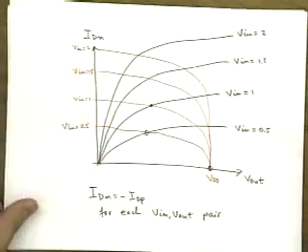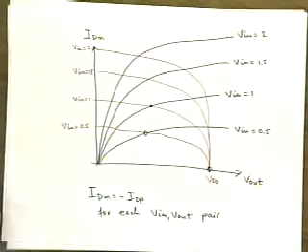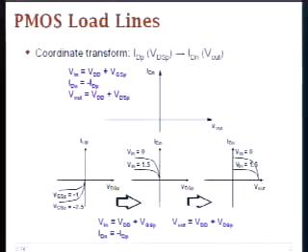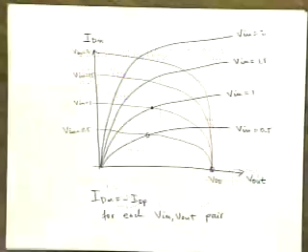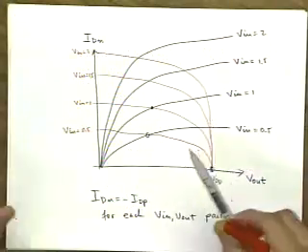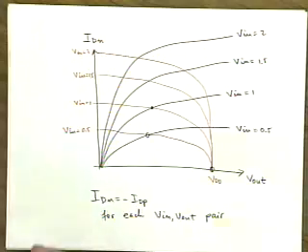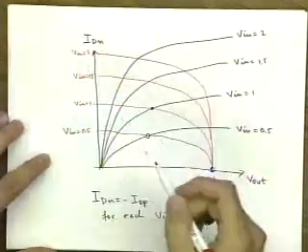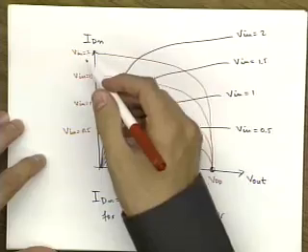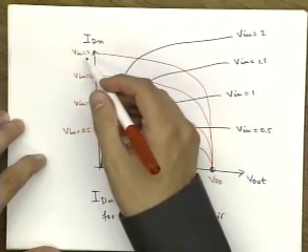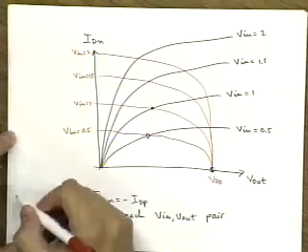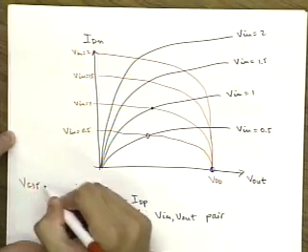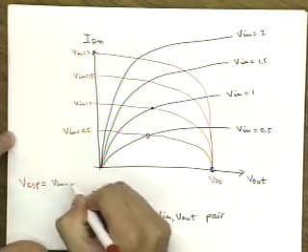So I think I didn't draw this well, so we'll go back to slides. Oh, actually this is reversed. Yeah, thank you. We didn't apply the coordinate transform over here. So for the PMOS, we have VGSP equal to V in minus VDD.